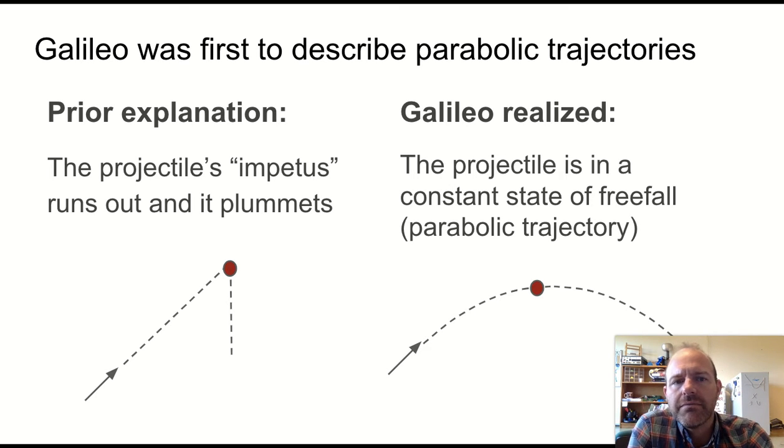The first record we have of understanding, at least in Western thought, of these parabolic trajectories was Galileo. The prior explanation was this impetus idea that things would travel in a straight line, then run out of whatever quantity it had and fall straight down.